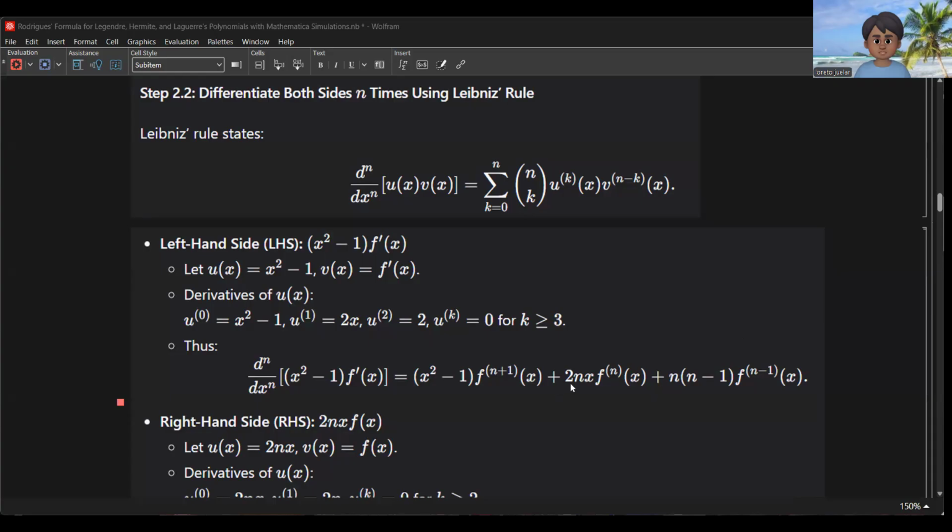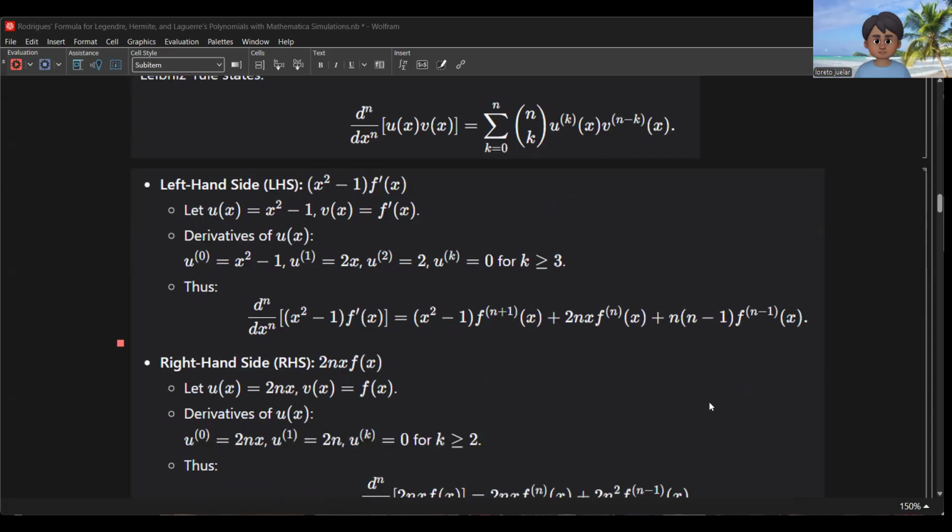We still have to multiply by the second derivative of x squared minus 1, which is 2. So we have 2 times n minus 1 over n factorial, so the 2 over 2 factorial cancels. What remains is the expression n times n minus 1 times the n minus 1 derivative of f of x.